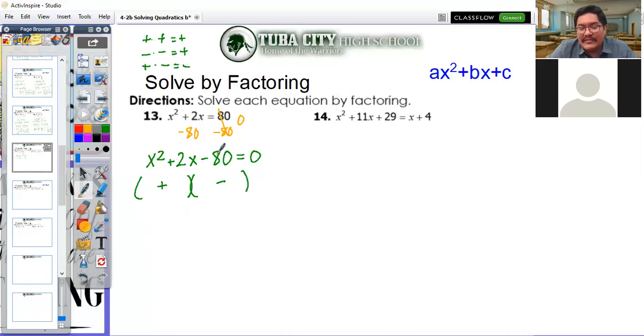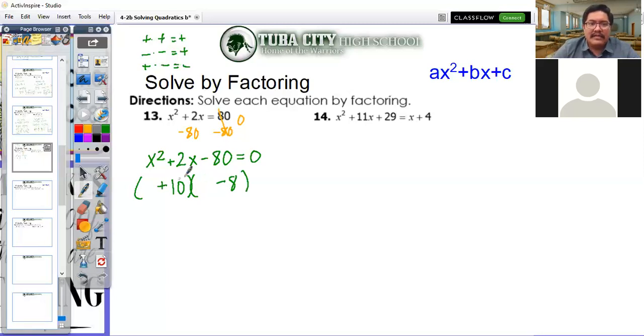Now if I ask students just, okay, think of two numbers that multiply to 80, the first one they're going to go with is 8 and 10, which actually it looks like it's going to work. So we have 8 and 10. So which one goes where? Again, look at your second term. In this case, it's a positive 2, which means that's going to have to be the bigger number, because 10 minus 8 is 2, and 10 times negative 8 is negative 80.